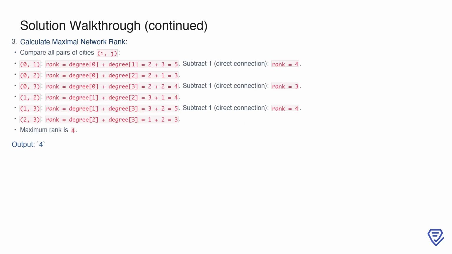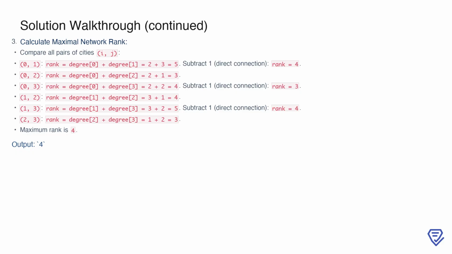Now, we calculate the maximal network rank by comparing all pairs of cities. For each pair (i, j), the rank is determined by summing the degrees of the two cities and subtracting 1 if they are directly connected. For instance, for the pair (0, 1), the rank is degree[0] plus degree[1], which equals 2 plus 3 equals 5, and we subtract 1 because they are directly connected, giving a rank of 4.